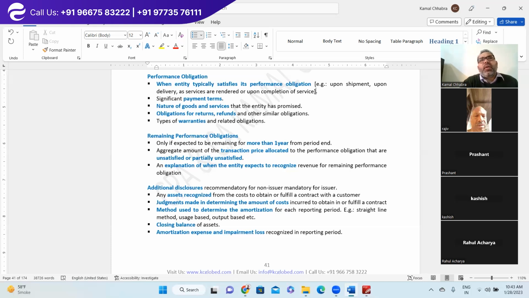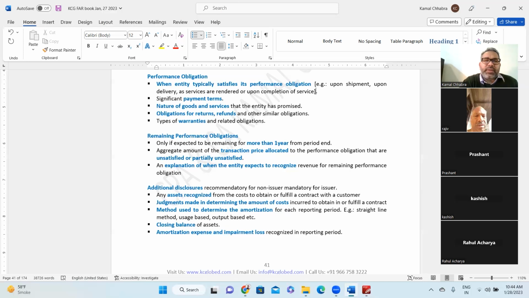So warranties are of three types. One is performance warranty, second is financial warranty, and third is extended warranty, right? If you remember our last example when we were discussing car sale, we were discussing sale of car, sale of insurance, sale of extended warranty, right?